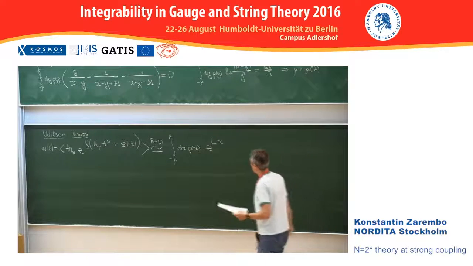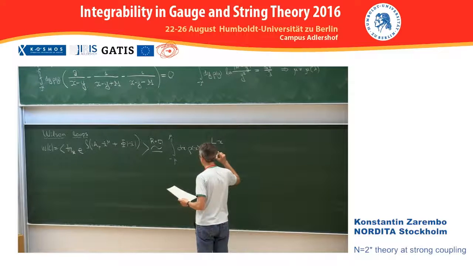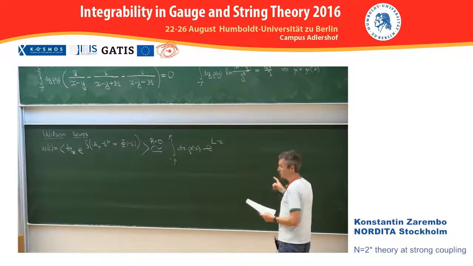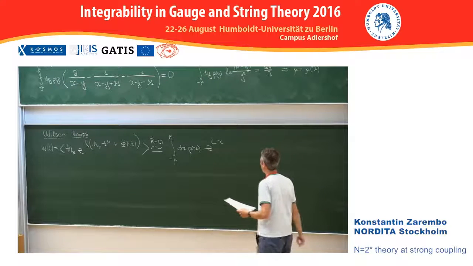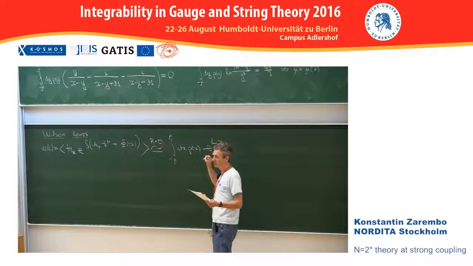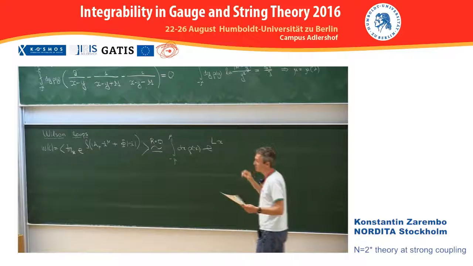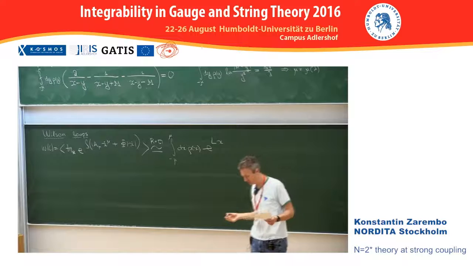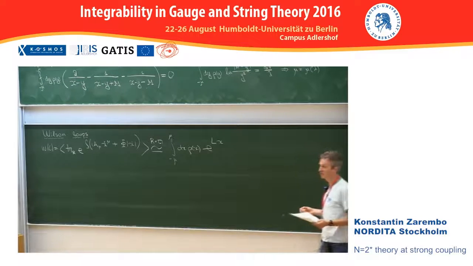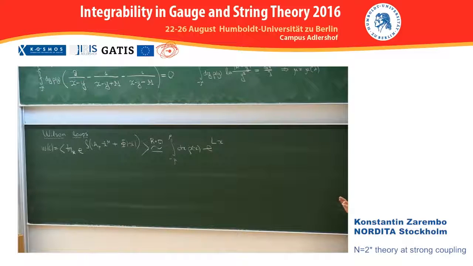I should say that the status of this formula is the following. For a circular loop on the fourth sphere, this is an exact result. For any other contour, this is an approximation that, in some sense, can be justified qualitatively, but there is no proof.